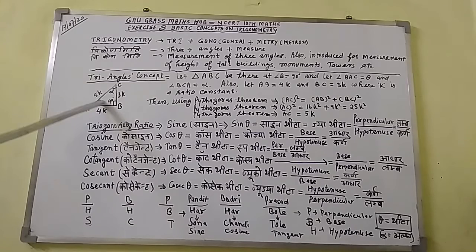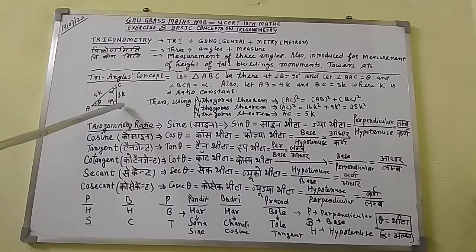Here angle A I have let equal to theta. So if you take angle theta or angle A, then the base of the triangle will be AB and the perpendicular of the triangle will be BC. If you take angle alpha or angle C, in that case the perpendicular will be AB and the base will be BC.